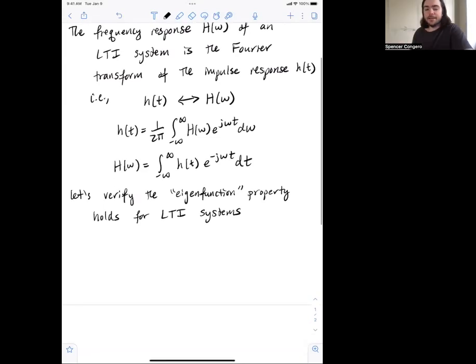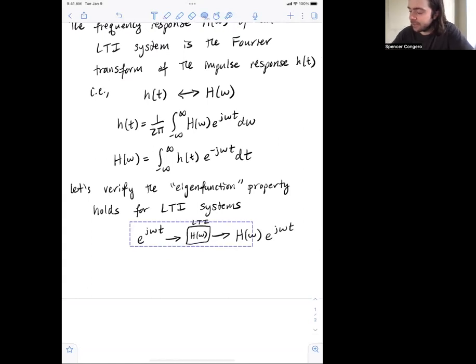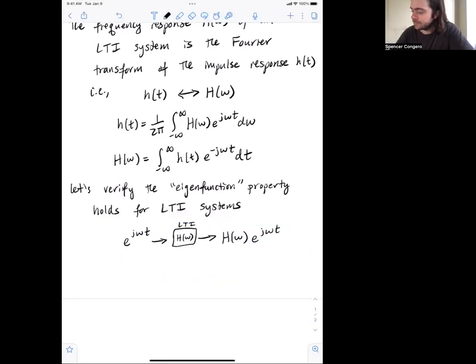Using what we've learned so far, it's actually not too bad. Just to be sure that we're on the same page, this is what we want to verify: that when I put e to the j omega t into an LTI system with frequency response H of omega, I get out H of omega times e to the j omega t. We've used that all over the place. Now let's actually verify it. We have enough material in the class to do so.